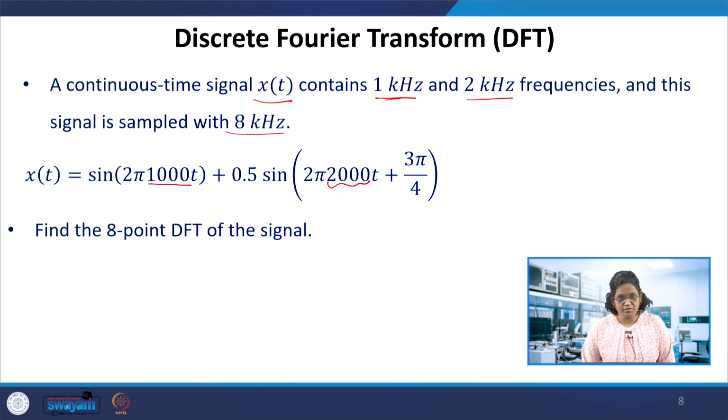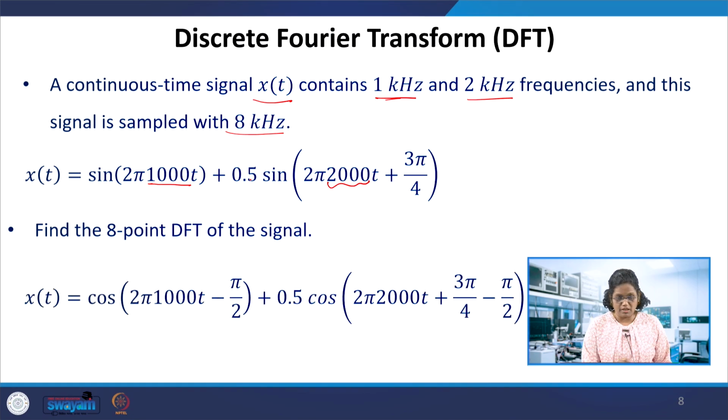So for the 8-point DFT of that signal, for the explanation which we are going to make later, we make x of t in terms of cosine components instead of sine, since sin theta equals cos of theta minus 90.